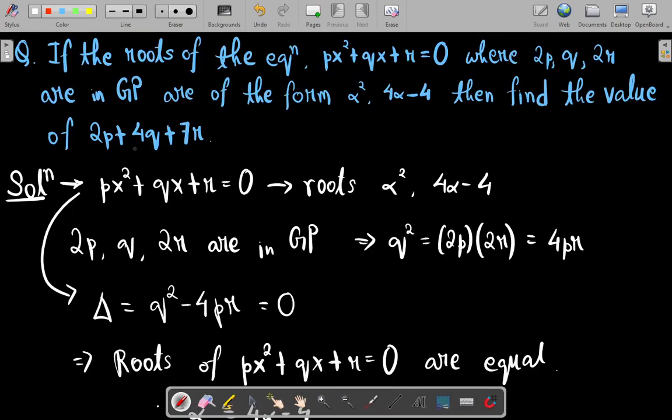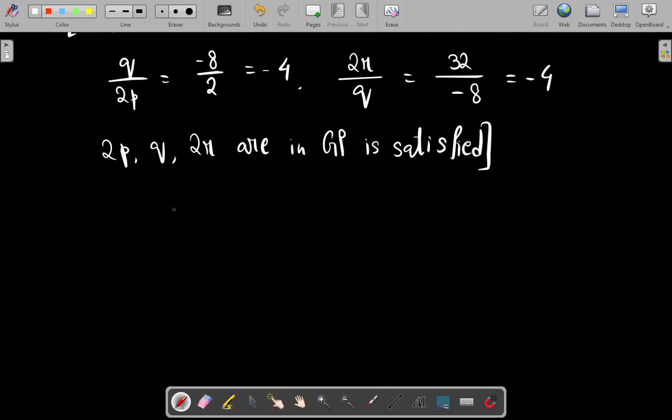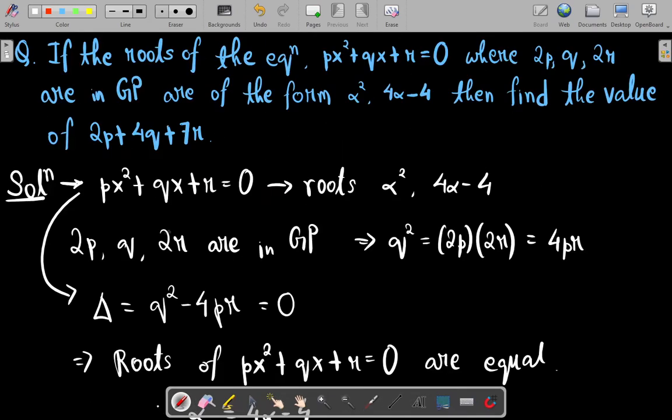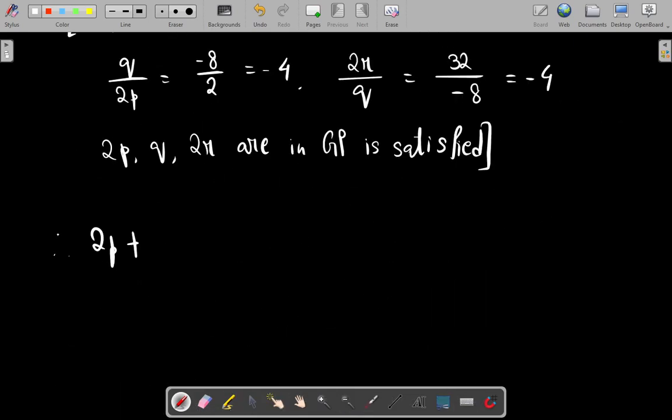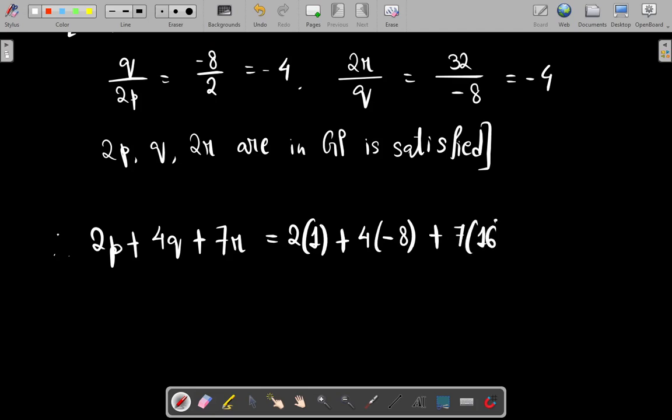We were required to find the value of this expression. Therefore, 2p plus 4q plus 7r will be equal to 2 times 1 plus 4 times minus 8 plus 7 times 16.